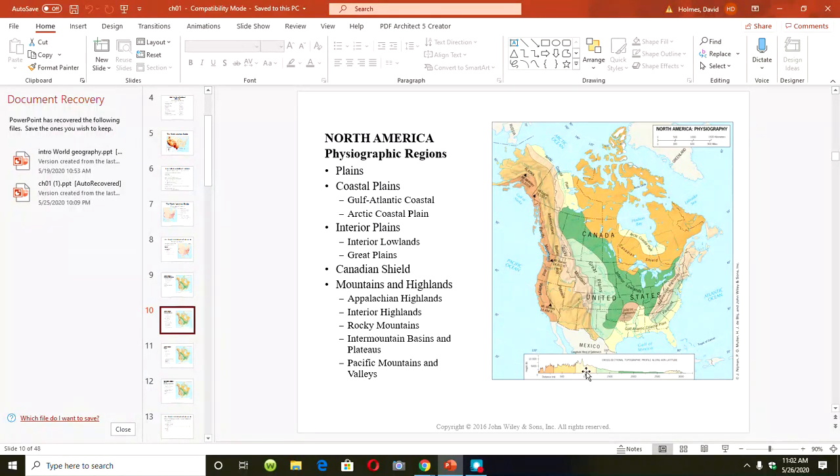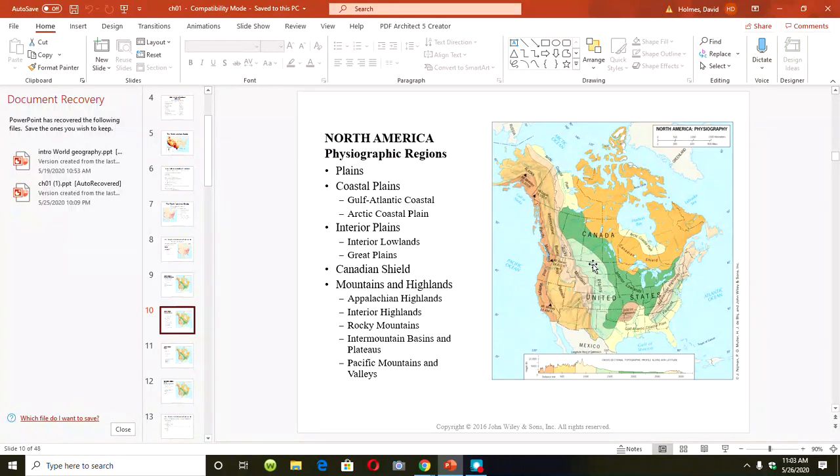We're going to talk a little bit about the physiographic regions of the North American realm. If you look at your map on page 38, or you can look at the PowerPoint, you'll notice some different sectors here. We have the interior lowlands, which is a lot of the farming belt. Then we have the Great Plains.